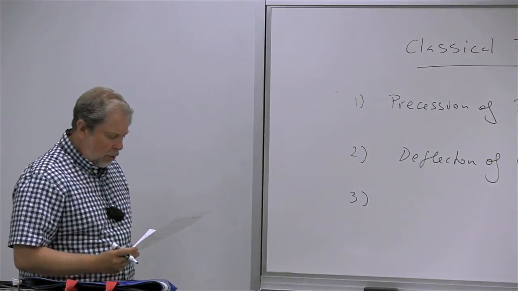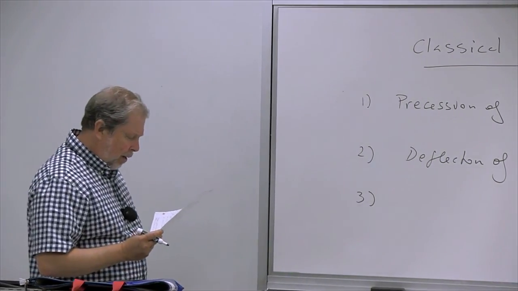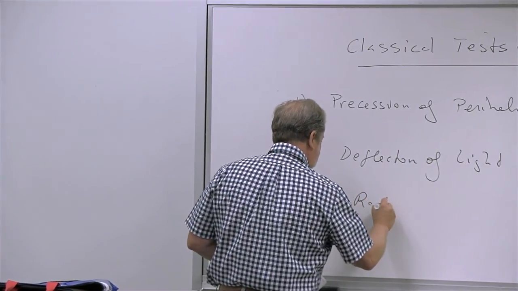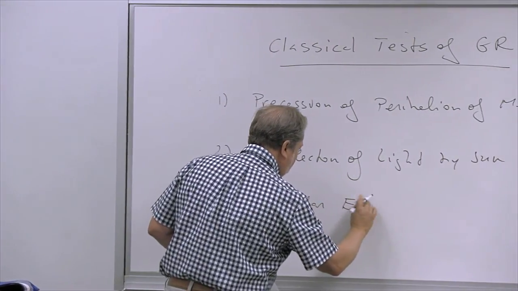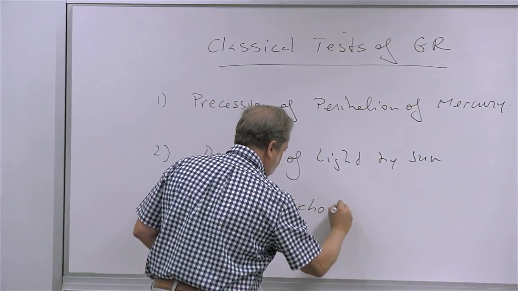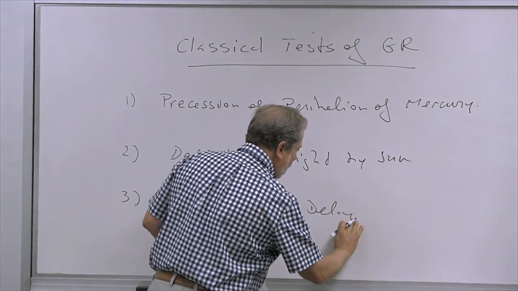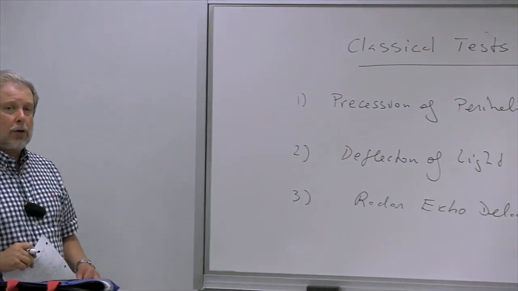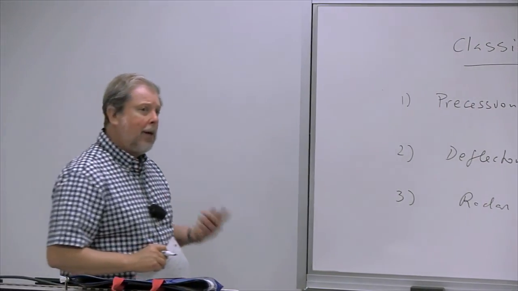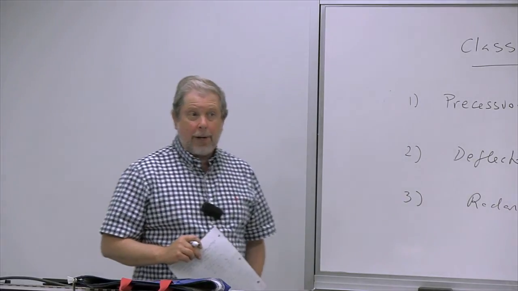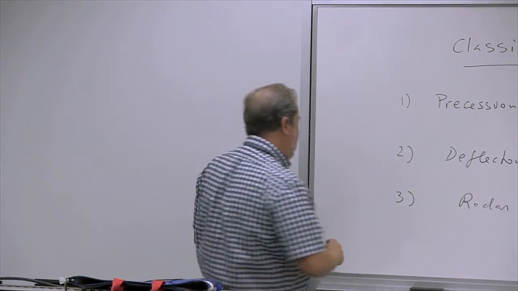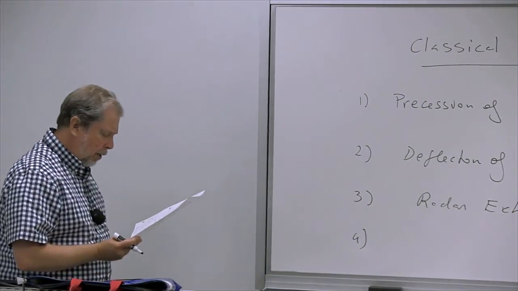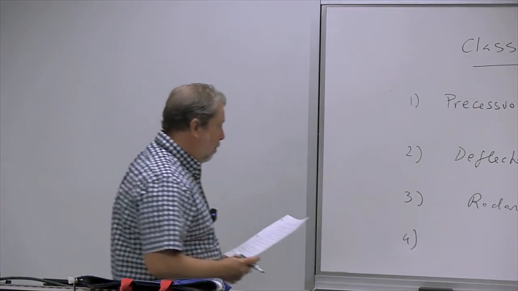There are other effects which were discussed later on. So, for example, some sorts of time delays and radar echo delay, from various spaceships that travel around the solar system. You can look at effects that are predicted by GR, and in fact, again, these effects seem to be in agreement with what GR predicts.